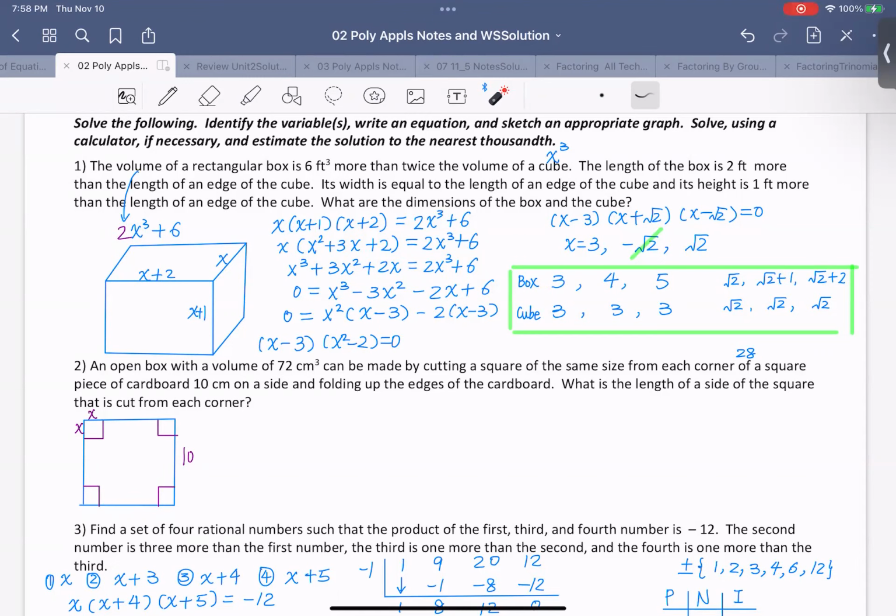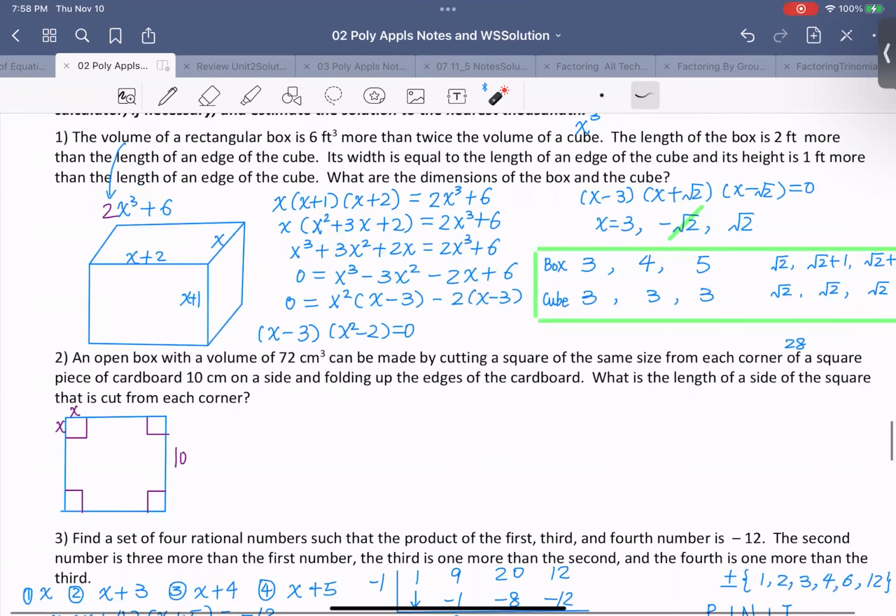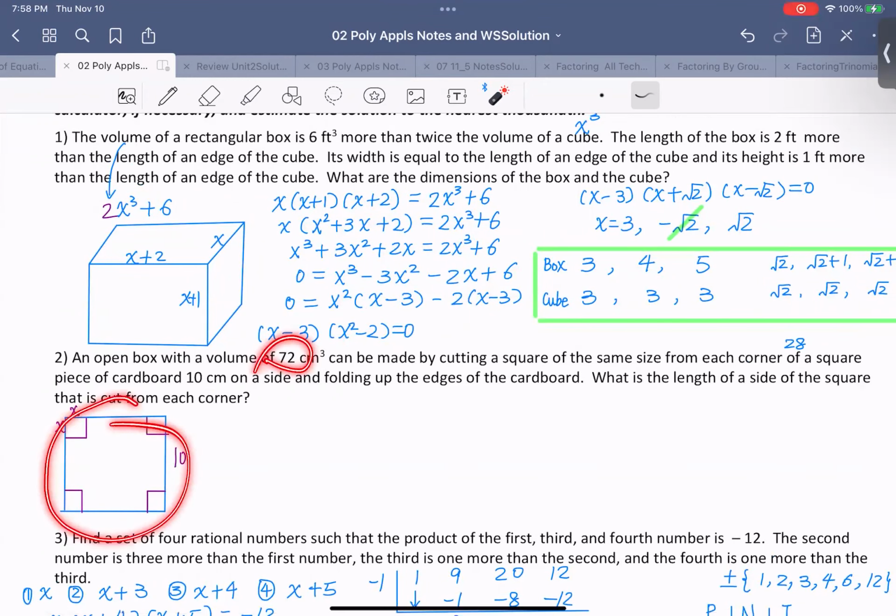Anybody want to try number 2 with me together? Sure, let's do it. So how do you express the volume here? X parentheses 10 minus 2x. So this piece is how much? 10 minus 2x.